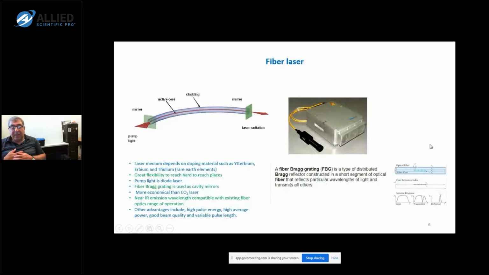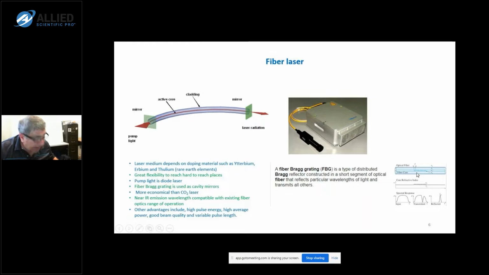But the most important and most popular laser for cleaning is the fiber laser. Well, we tend to think that it's fiber laser because neodymium YAG laser and CO2 lasers are also used for cleaning. But we like fiber lasers because in this case, you don't have mirrors for the laser, and instead you have fiber Bragg gratings, which is some scribing that you can see inside the core of the fiber.